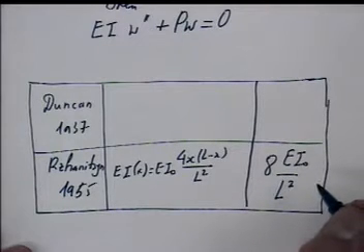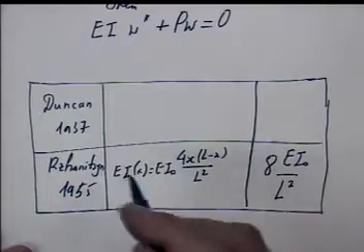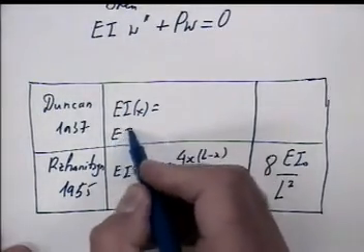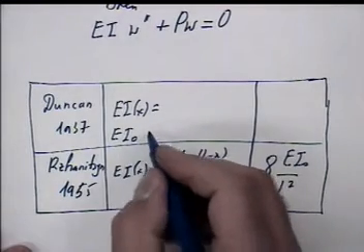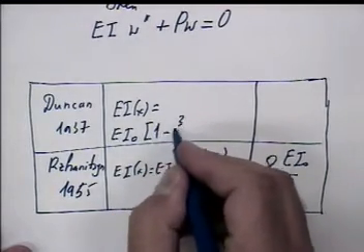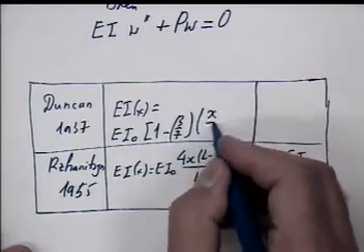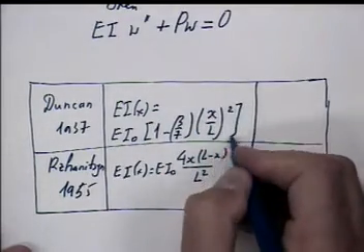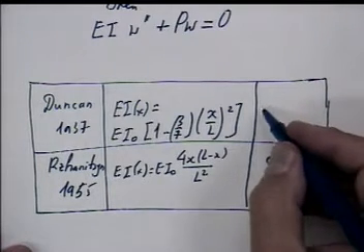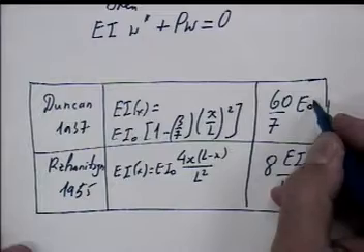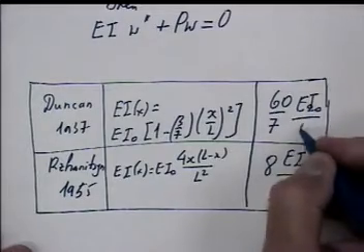In Duncan, beforehand, he had EI(x) equals EI0 times (1 minus 3/7 x over L) squared. And here he got 60/7 EI0 over L squared.